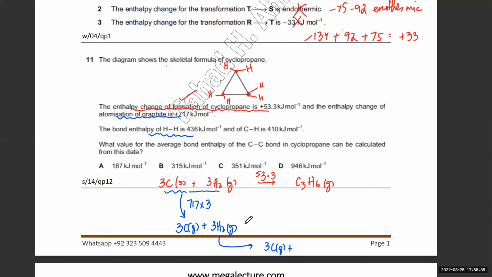Now, in the next step, they've given us the HH bond enthalpy. So I'm going to break the HH bond. So I'm going to get 6 hydrogen gas atoms, right? I've broken those bonds, and 436. So this would be 436 times 3 because that is for 1 bond. I'm breaking 3 molecules, right? Is that clear?